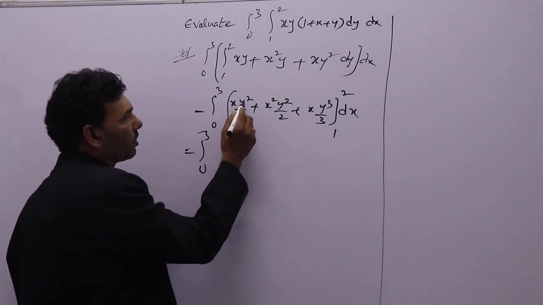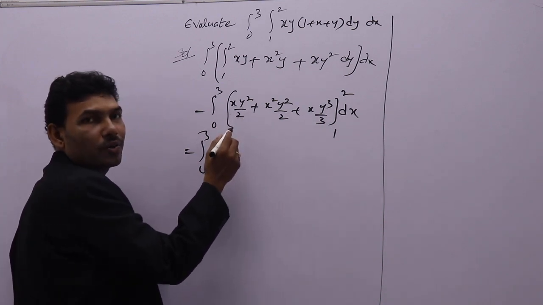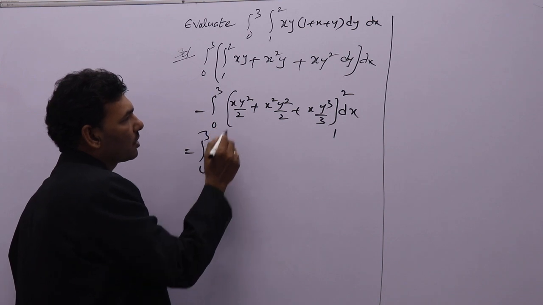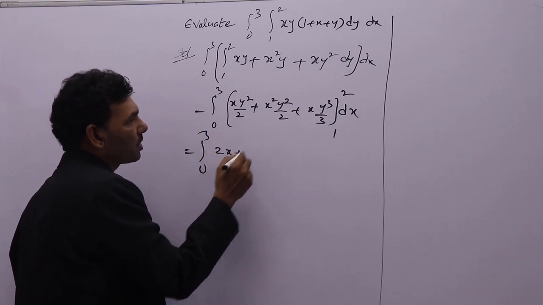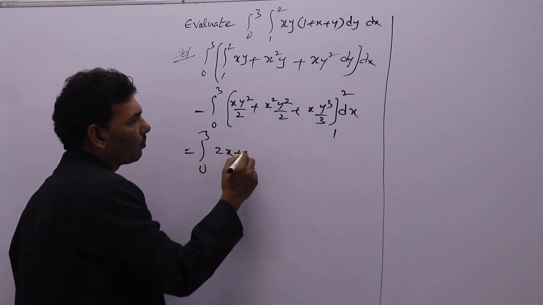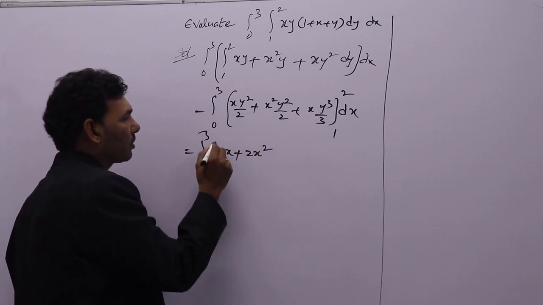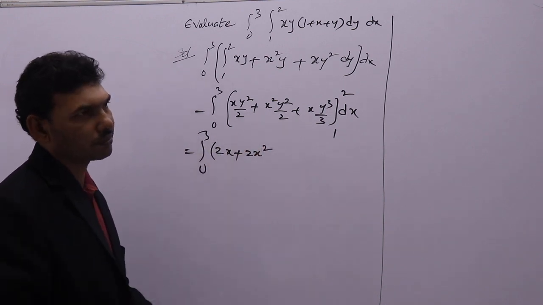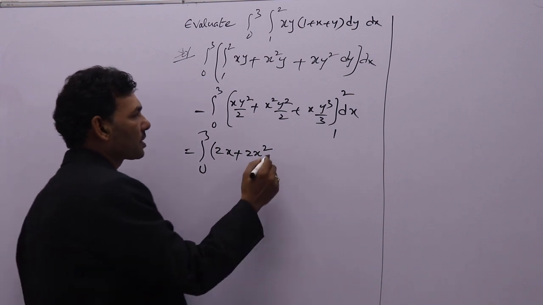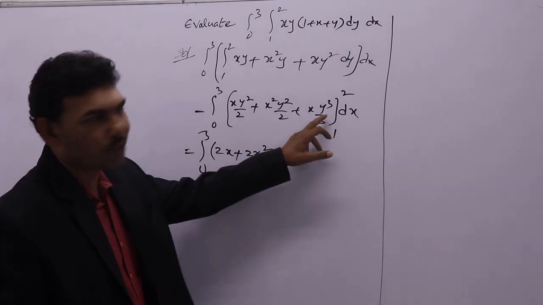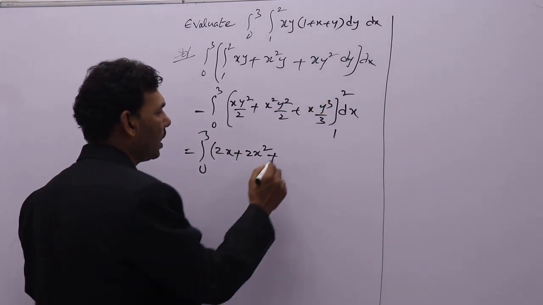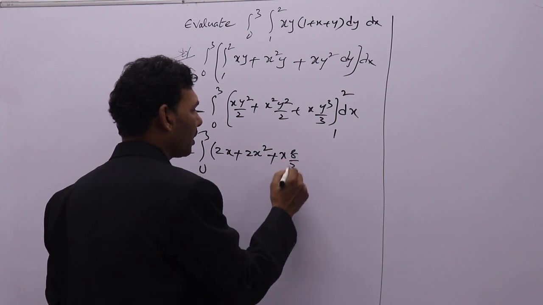What will you get? 2 square by 2, 2x, plus 2 square by 2, 2x square, plus, in the place of y write 2, 2 cube is 8, 8 by 3.